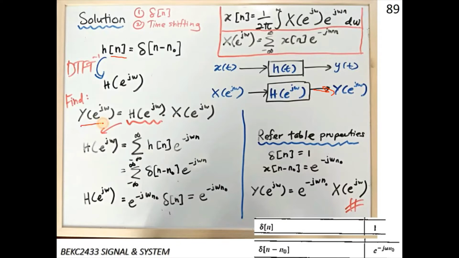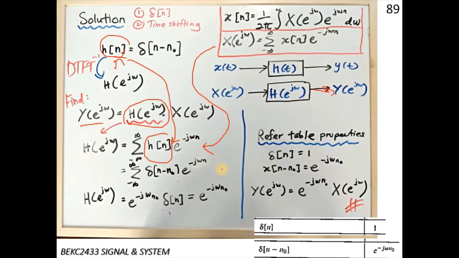Therefore you can calculate Y(e^jω) as H multiplied by X. So we are going to calculate H(e^jω) first, from here. Using the general equation, substitute the h[n] value inside here, and you will get the sum of delta[n - n0] e^(-jωn).